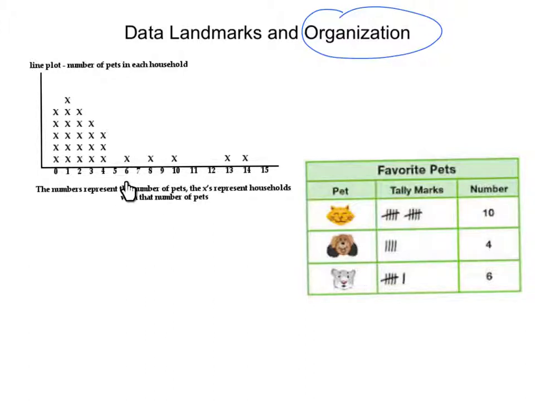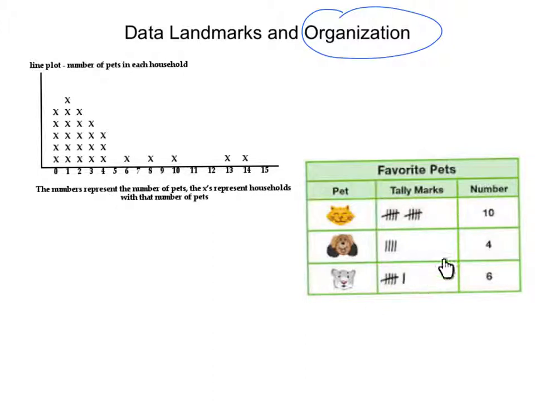Because there are the same results for the same numbers, this graph was really good to compare because we have a lot of zeros, a lot of ones, a lot of twos, a lot of threes, a lot of fours, and you were able to plot your X's so that you can see that data.